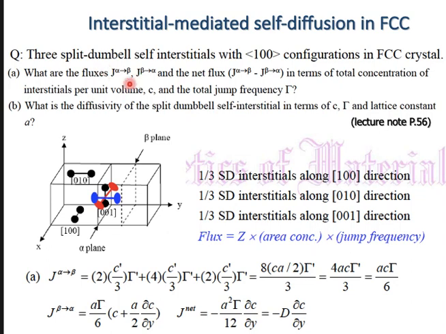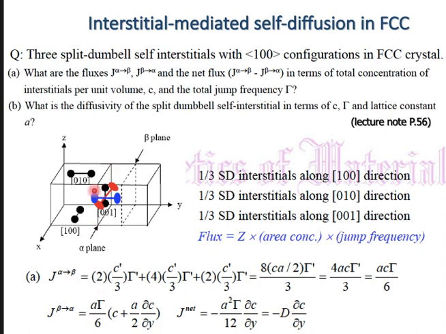Okay, so based on this, in order to formulate a flux, just a quick review: the flux equals the possible jumping directions times the jump frequency or jump rate in one direction, times the area concentration. And don't forget, you need to convert the area concentration into the volume concentration to compare with Fick's first law to get the diffusivity.